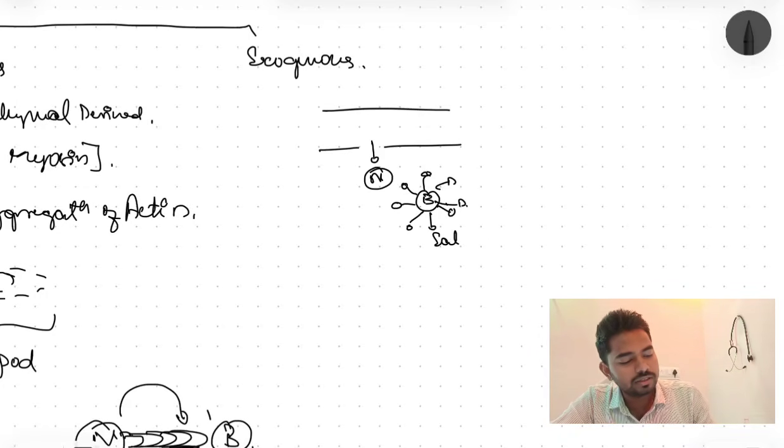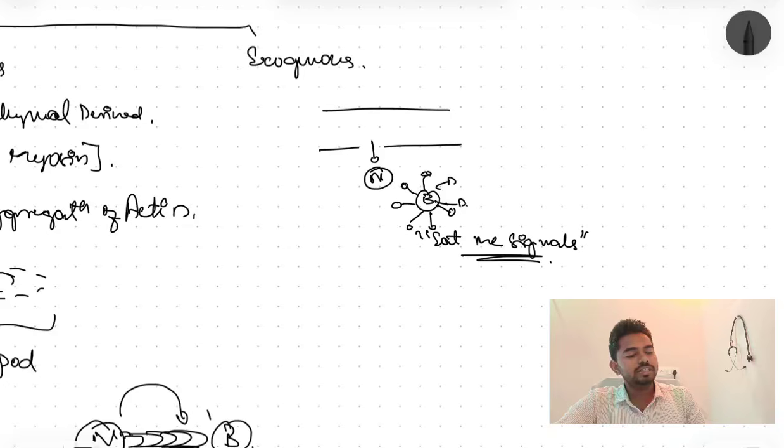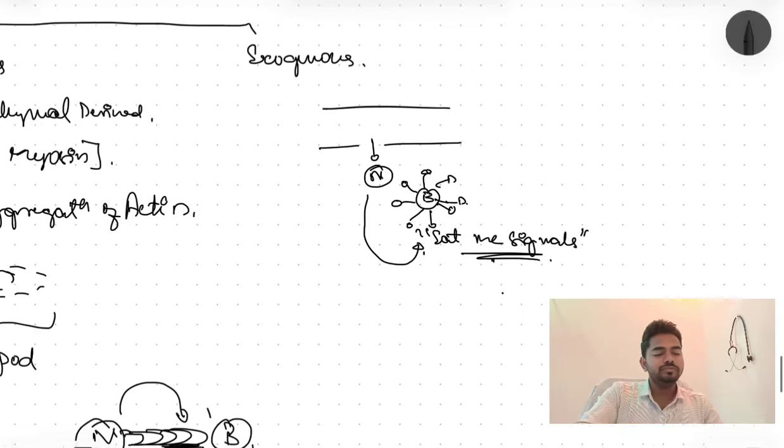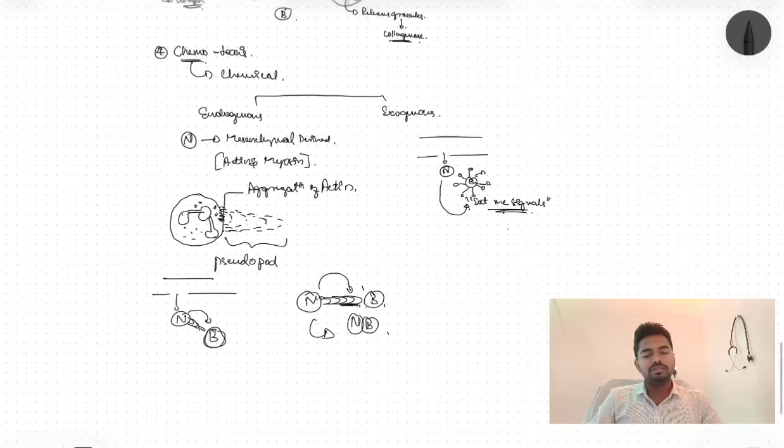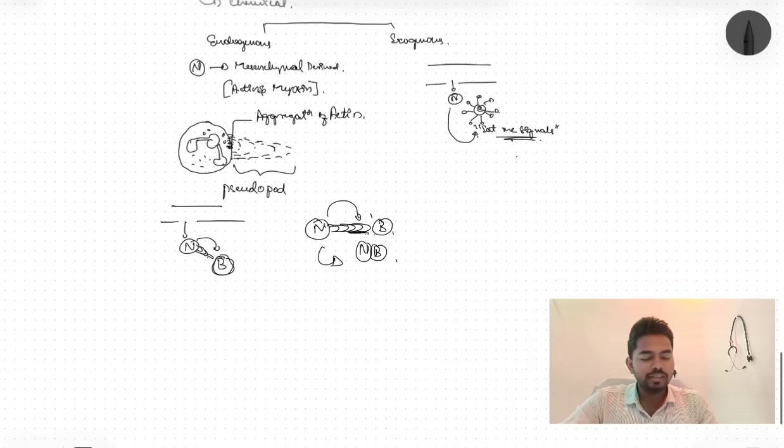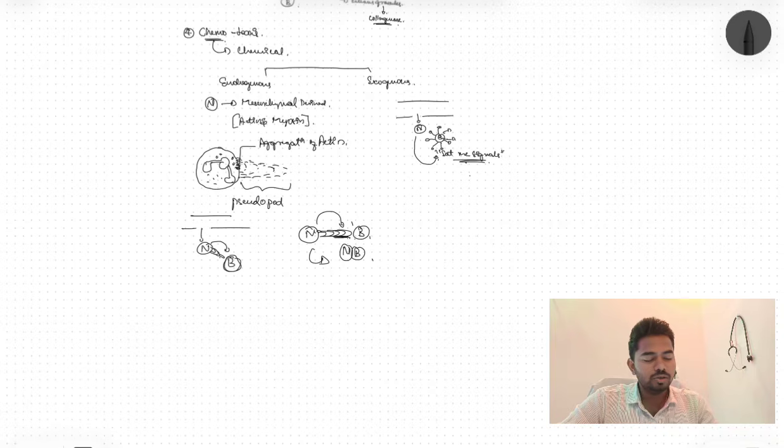From these eat me signals, neutrophil can easily reach bacteria. Since these signals are emerging outside the cell, outside the neutrophil, hence it is exogenous. After chemotaxis, phagocytosis. In chemotaxis, neutrophil reached bacteria.